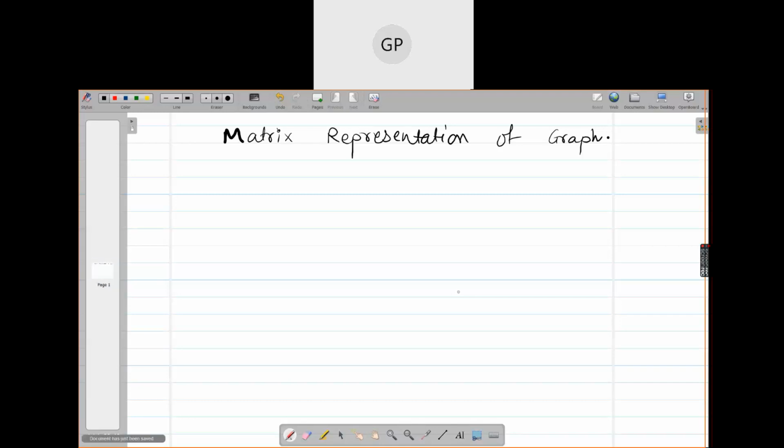So the two basic dimensions attached with any graph are vertices and edges, and as they are two in number, we can make use of them to represent the graph in terms of a matrix. Instead of drawing the graph, you can use a matrix to represent a graph.